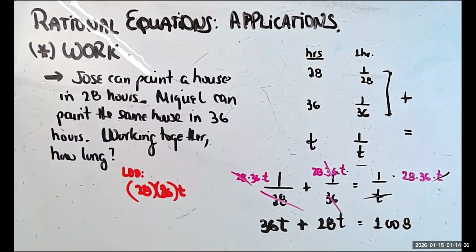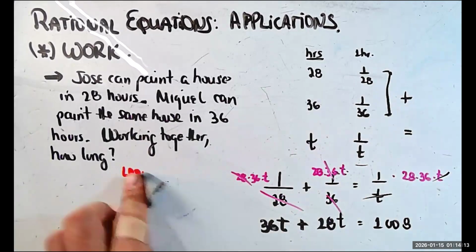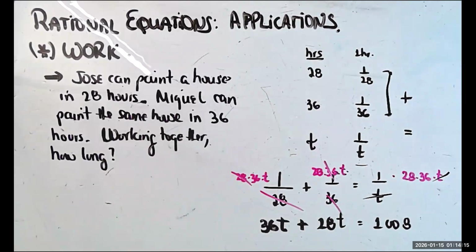Now if we combine like terms, I need some space here. I think I zoomed too much. If I add these two numbers, 36 plus 28, that would be 64.